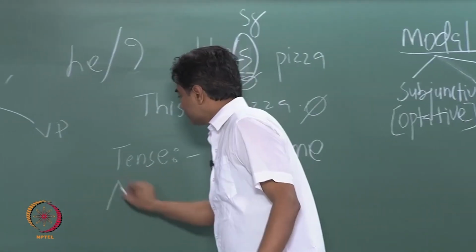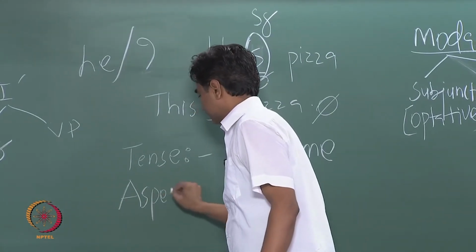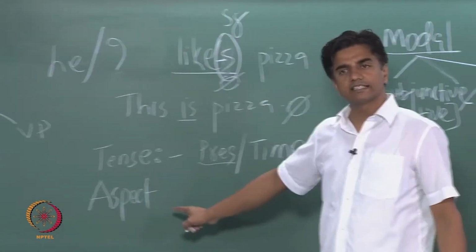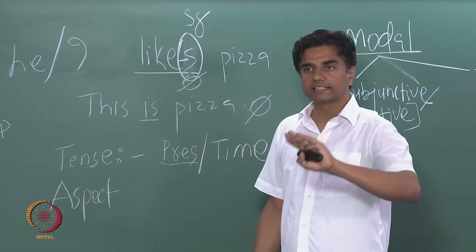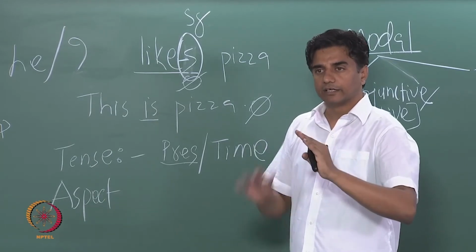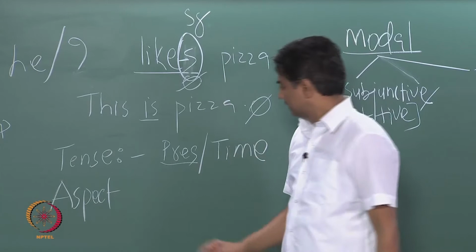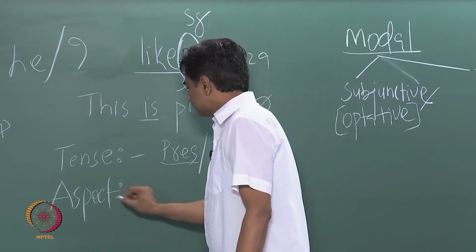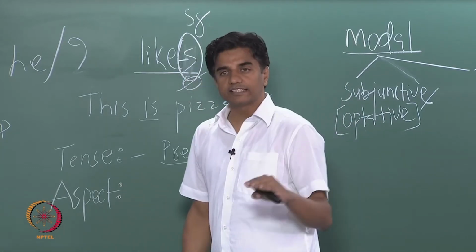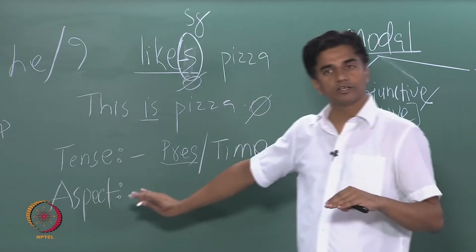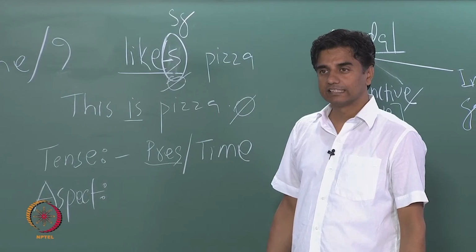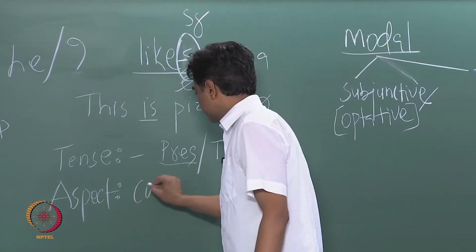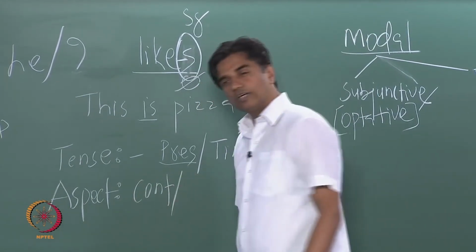The other thing is called aspect. I think we have discussed that when we were discussing tense and other agreement and functional categories. There were several things that we discussed. Does anyone remember what the things were that we discussed with aspect? Okay, continuous was one.